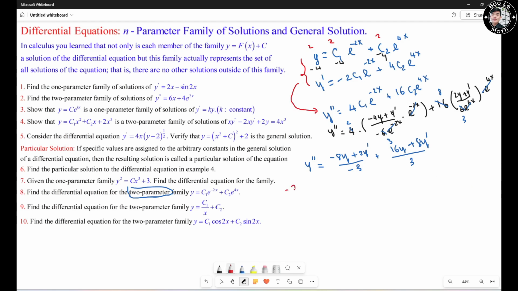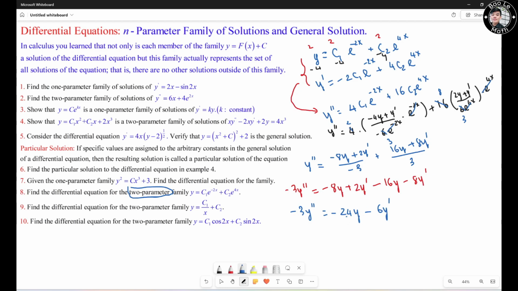So I have negative 3y double prime equals negative 8y plus 2y prime minus 16y minus 8y prime. Now I need to simplify this one, so it turns out to be negative 3y double prime equals negative 24y minus 6y prime.